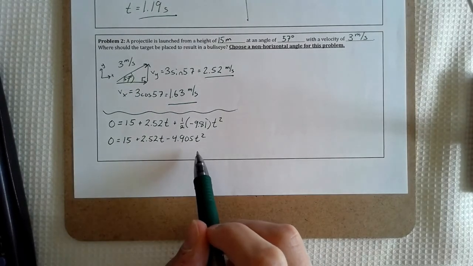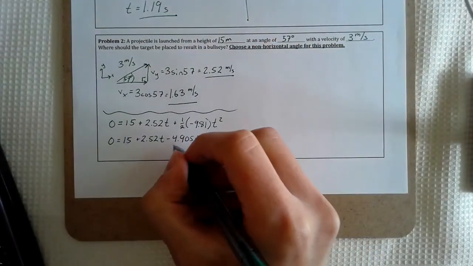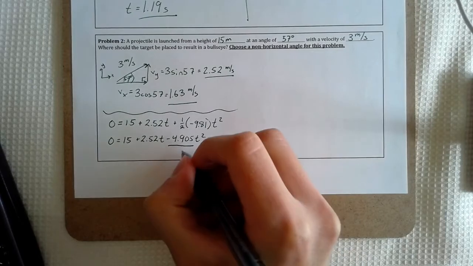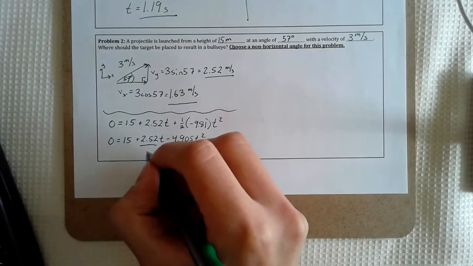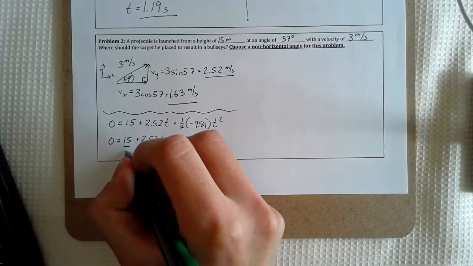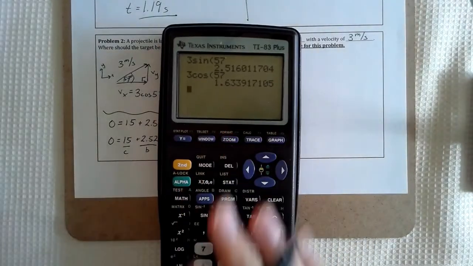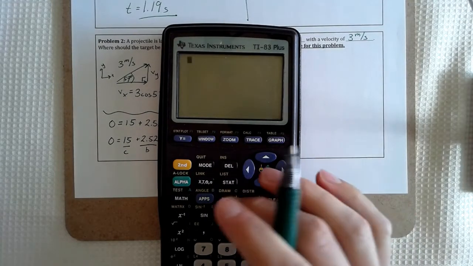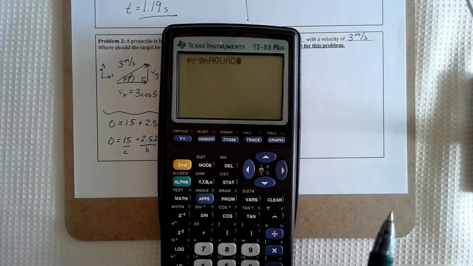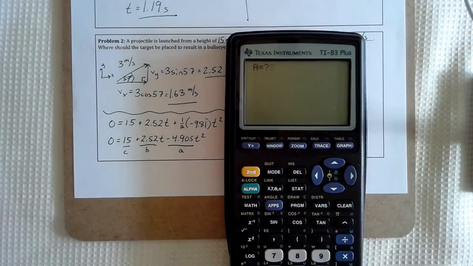So that means we got to use either the quadratic formula or good old-fashioned a quad in the calculator to get our solution. When we do that, negative 4.905 is going to be our A. Positive 2.52 is going to be B. Positive 15 is going to be C. And the whole thing's equal to 0. If you don't have a quad on your calculator, it's actually pretty easy to write your own version. I happen to have it here. Just look that up if you want.